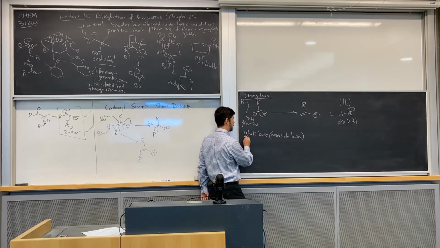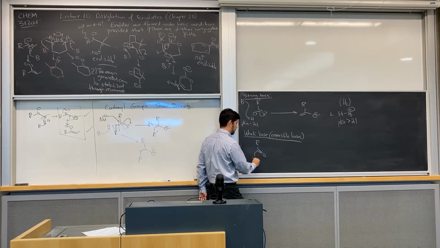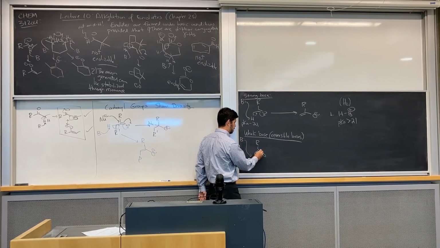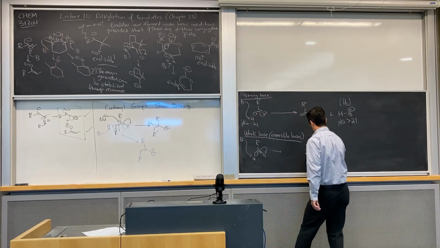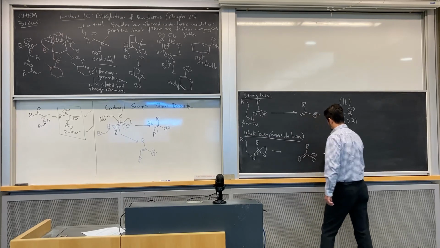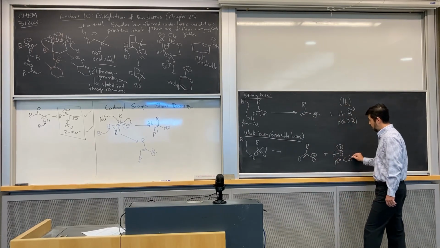So what if we take the same structure and use a weak base and let's say we generate our enolate, and you'll generate the conjugate acid, and the pKa for this will be much less than 21.